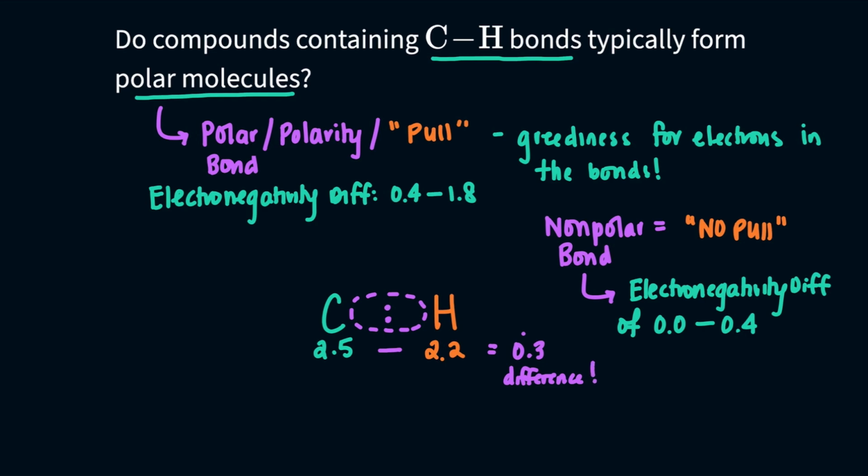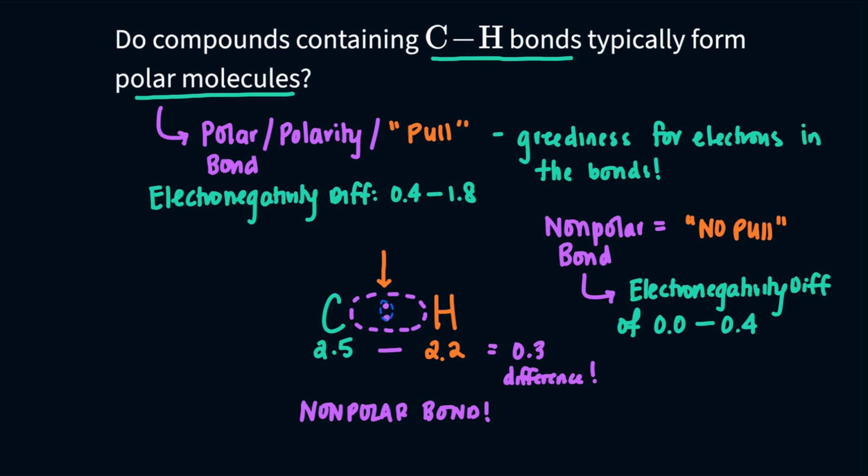An electronegativity difference of 0.3 isn't going to mess things up. It's right in between 0 and 0.4. So this one would be classified as nonpolar. So this is a nonpolar bond, which means that there generally is no pull. The atoms are basically very, very similar.